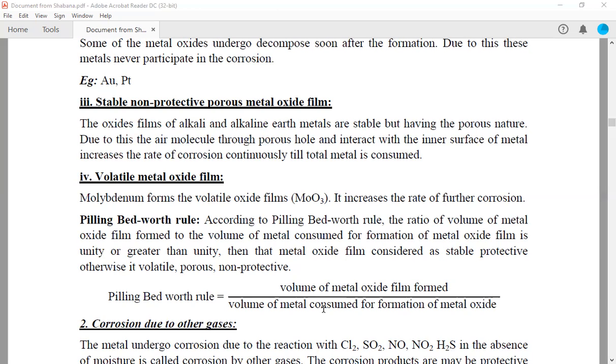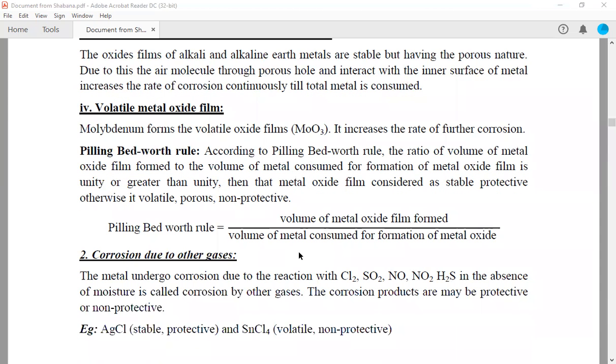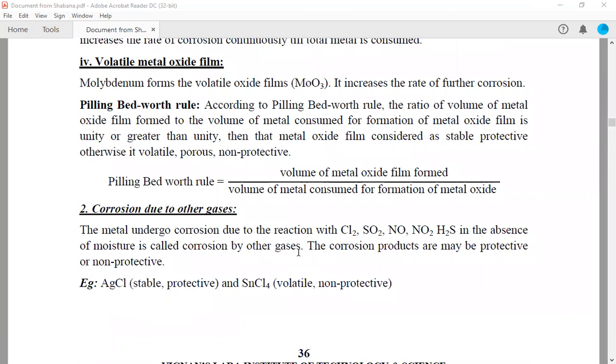In this case, the corrosion is continuous and rapidly increases. The best examples are lithium, sodium, and potassium. So this is about the nature of the metal oxide, which is expressed in terms of the Pilling-Bedworth rule. Next, coming to the second type of corrosion, that is corrosion due to other gases.